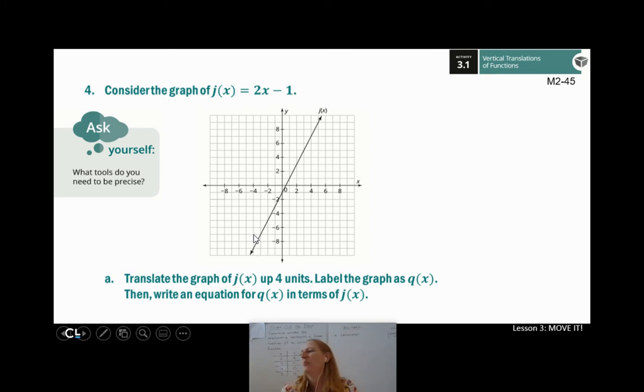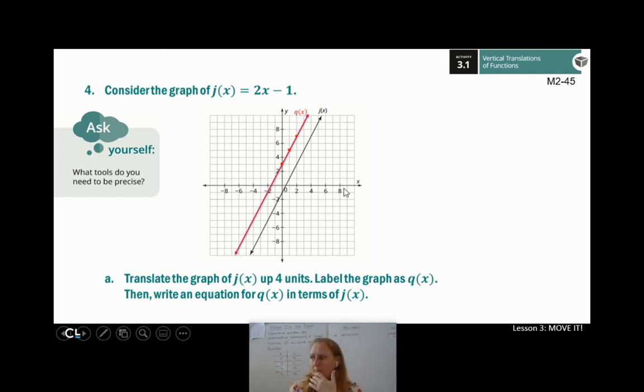Now, first of all, it said to go up 4 units. So I'm just going to pick some points and do 1, 2, 3, 4. You don't have to do a ton of these, but I find it's easiest if I just mark some points. And I'll connect the dots and make my line, arrow on either end. It did say to label it as q of x, so I'm going to label it q of x.